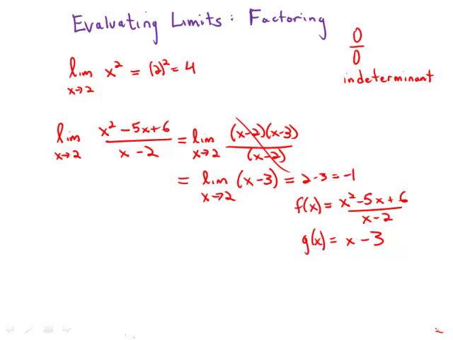However, these two are not the same function because g of x has a domain of all real numbers, and f of x has at least one number missing from its domain. x can't be 2. So g is something that we are going to call a continuous companion function.